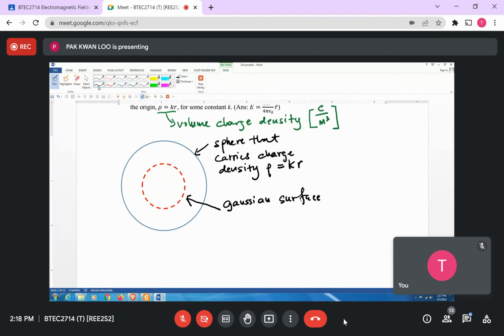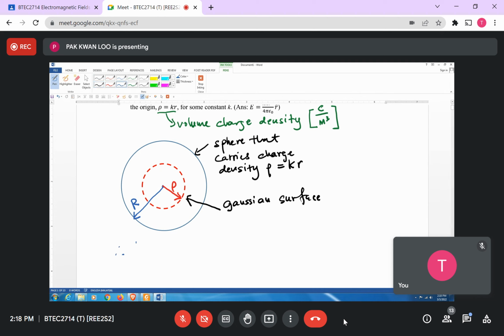Assume that the radius of the sphere is capital R, and our Gaussian radius is r prime.